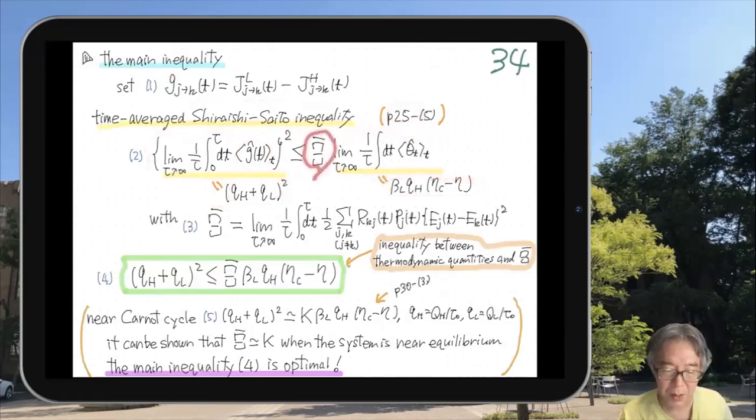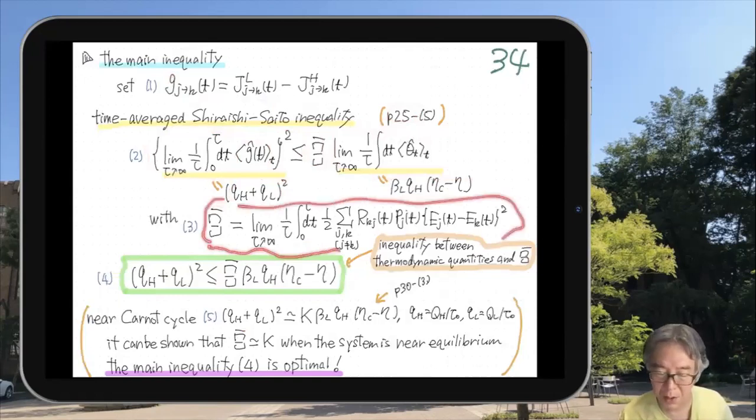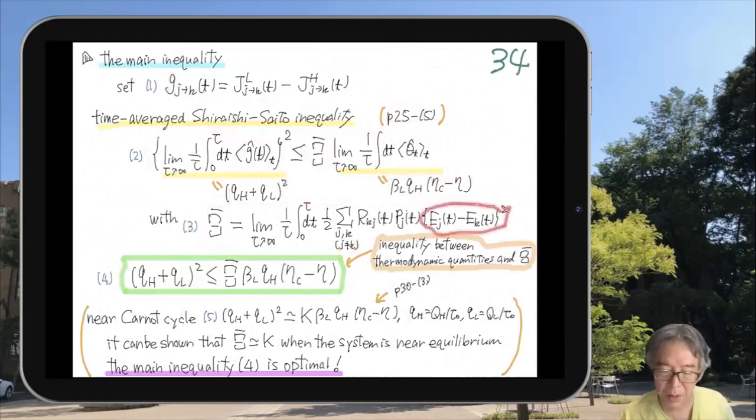And what is this Xi bar here? In this case, it's a very simple quantity like this. Okay, so look, if you don't have this square, this is simply the time average of heat currents. But we have the square. This means that this is a very natural, meaningful quantity, which tells you how actively the system exchanges heat with the bath.